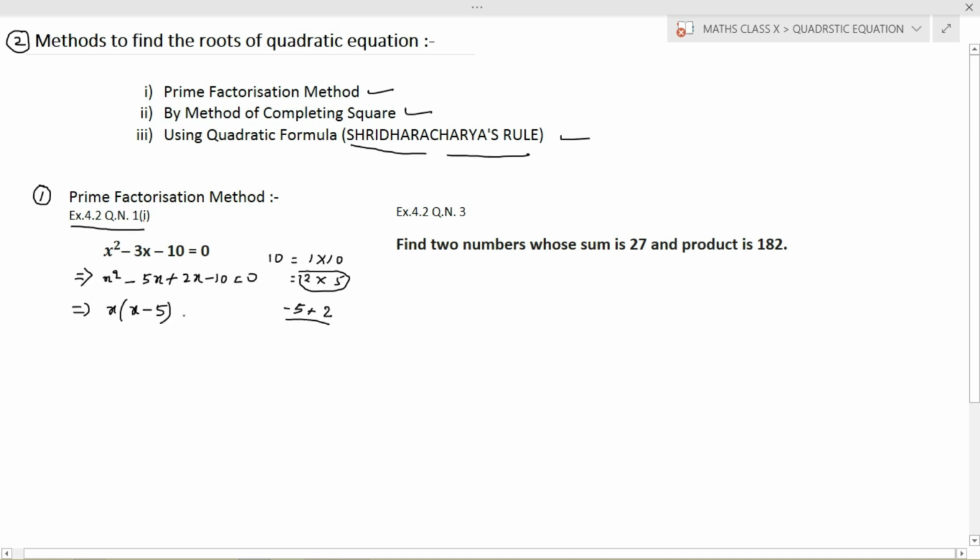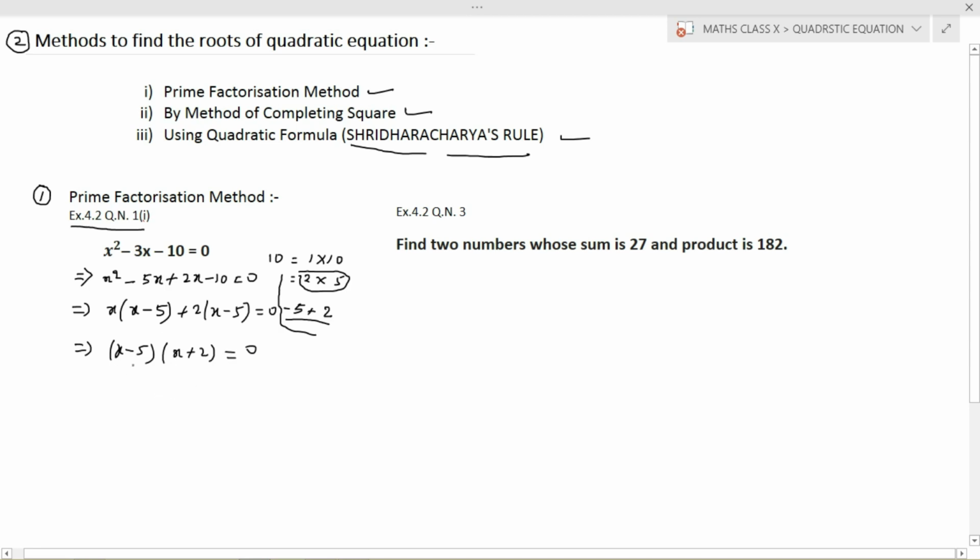Now from the last two terms, if we take 2 common, then x minus 5 remains. Thereafter, if we take x minus 5 common again, the remaining is x from the first and plus 2 from the second, so this will be x minus 5 times x plus 2 is equal to 0.